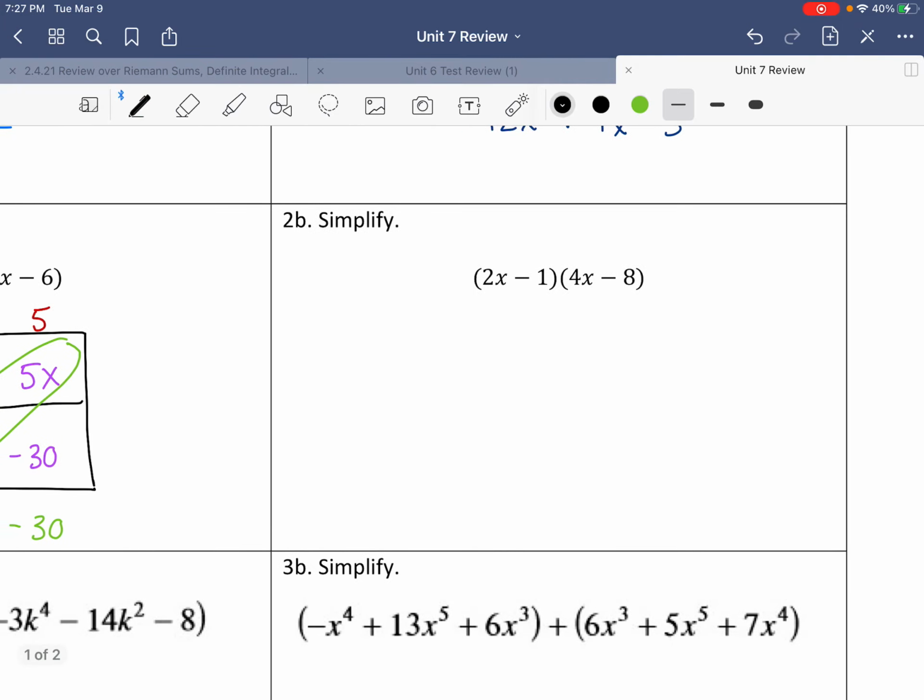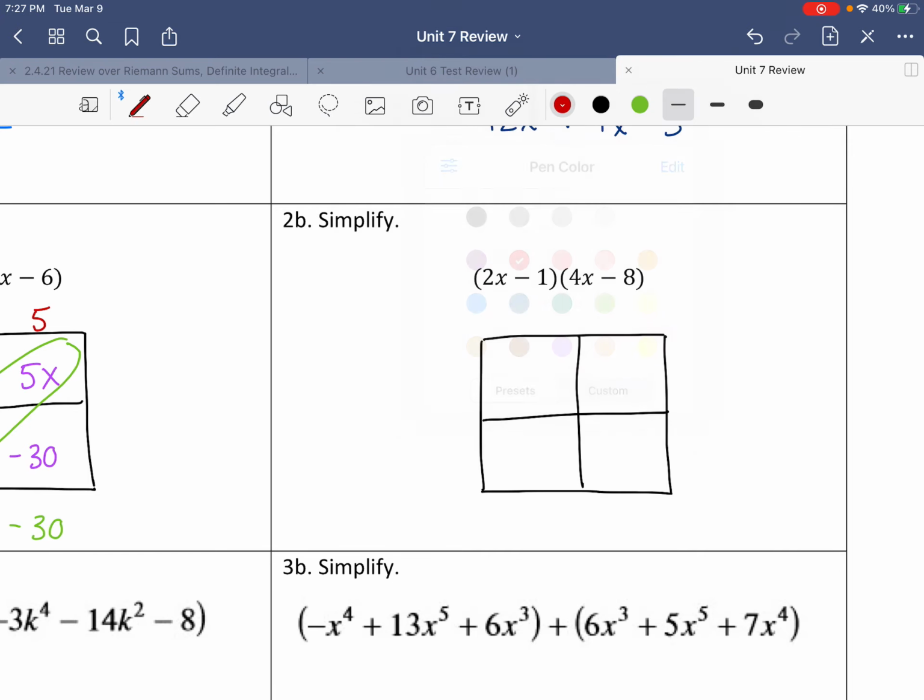Now we're going to do the same thing on this one. So I'm going to start with the box. On top, I'm going to have a 2x minus 1. On the side, I'm going to have a 4x minus 8.